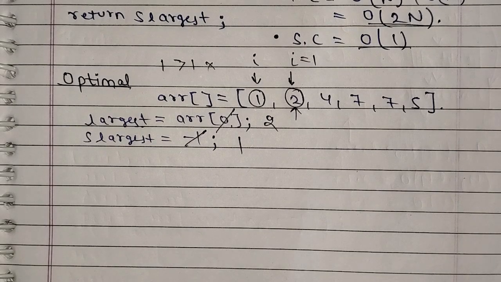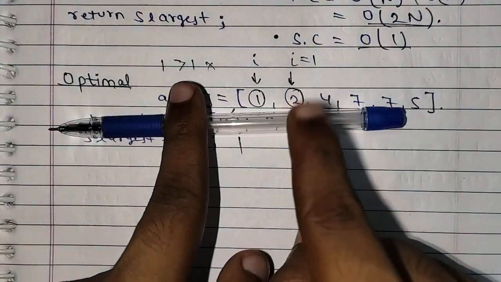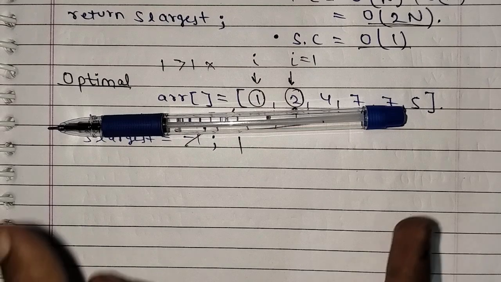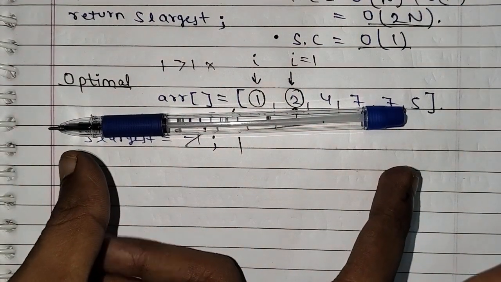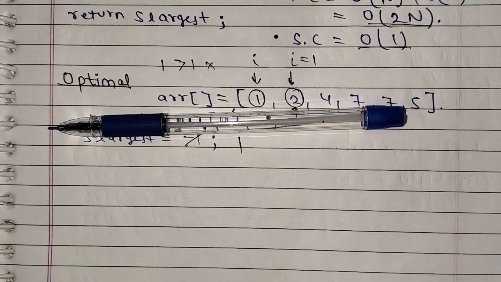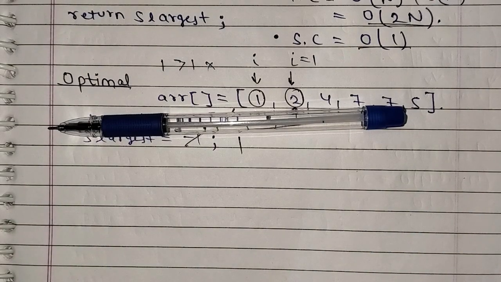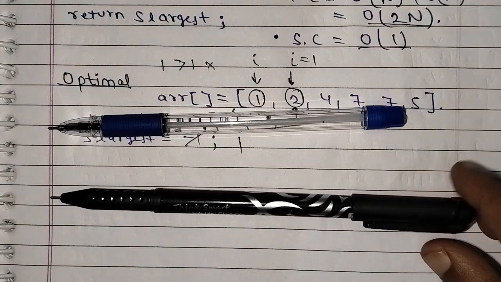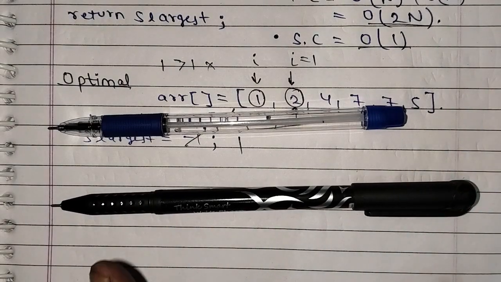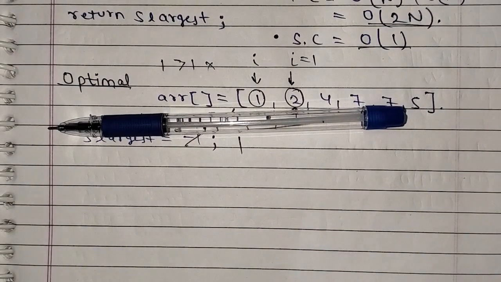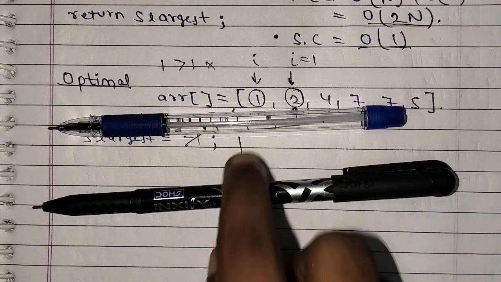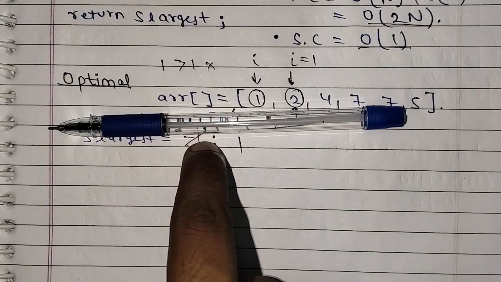Suppose the largest element is this span, and by height, this span's height is, let's assume, 1 meter. At the same time, another span comes with a height of 1.5 meter. Before entering this span, the largest element is this.